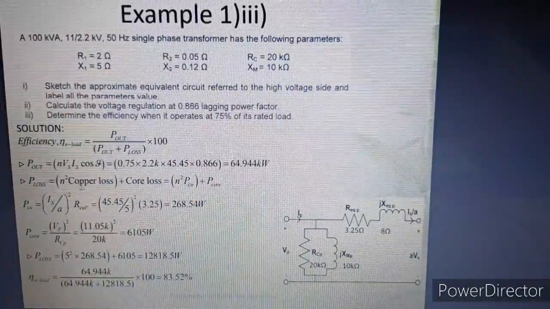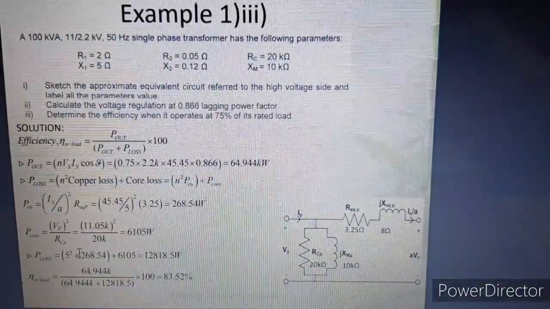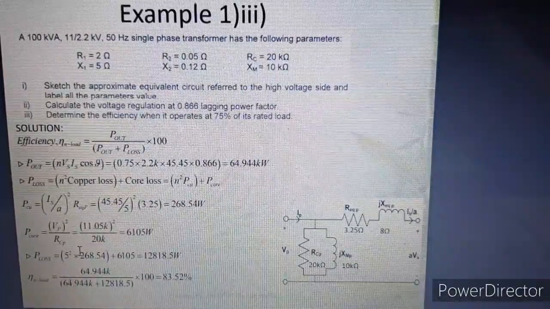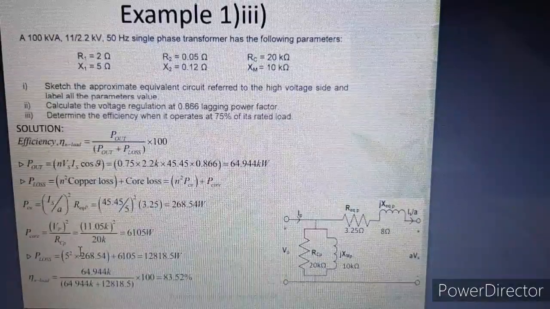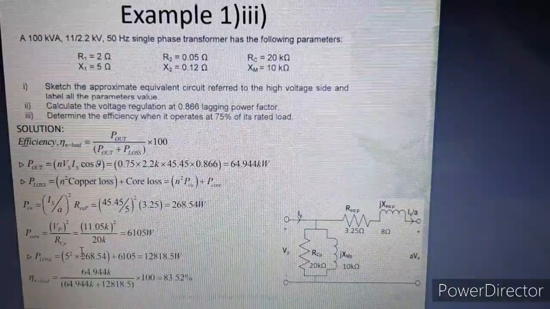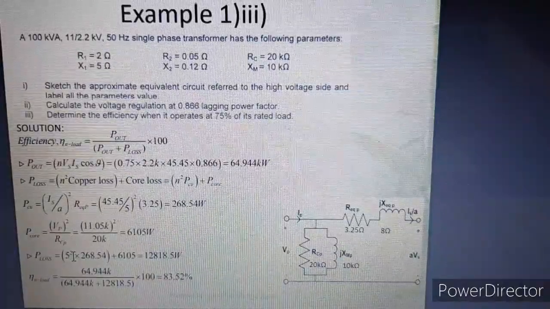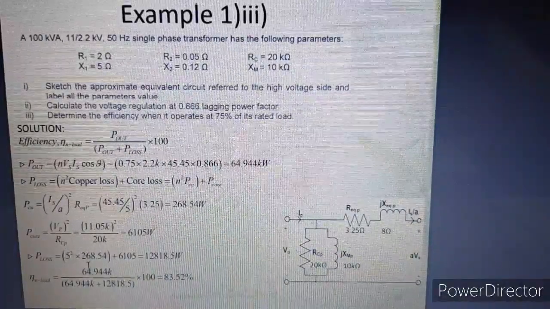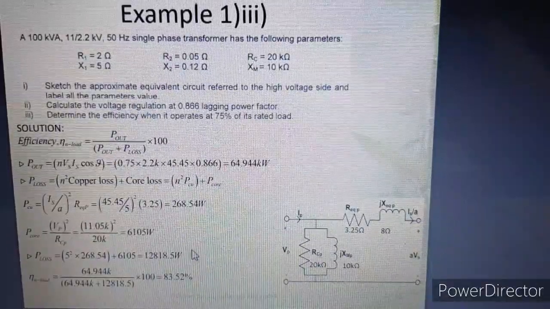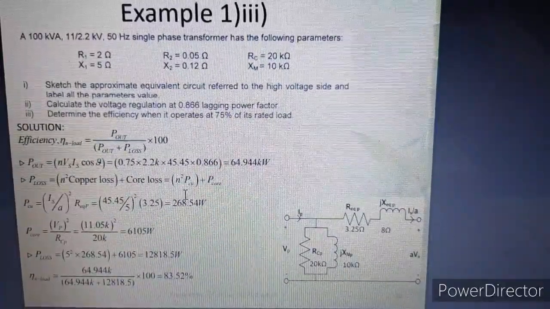And then don't forget to multiply N squared with your copper loss. So your total loss now becomes, your N is 0.75, so 0.75 squared times 268.54 plus this, you get your losses, and you can count your efficiency.